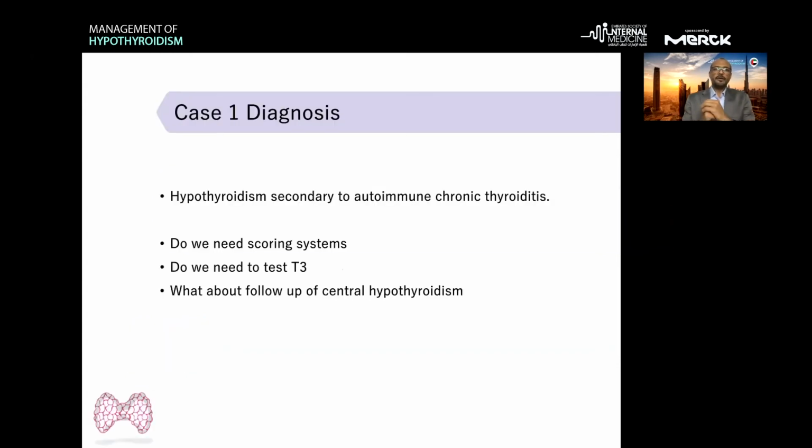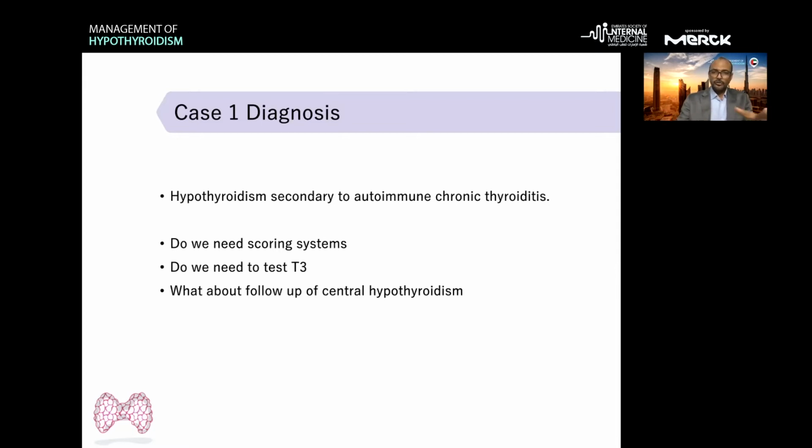To me, this is a case of hypothyroidism due to autoimmune thyroid disease, which is Hashimoto thyroiditis. But my question for all of you is, do we need scoring systems? There are a couple of scoring systems that have been developed to diagnose hypothyroidism. Do we need them? Do we need to test the T3? And how are we going to diagnose central hypothyroidism?